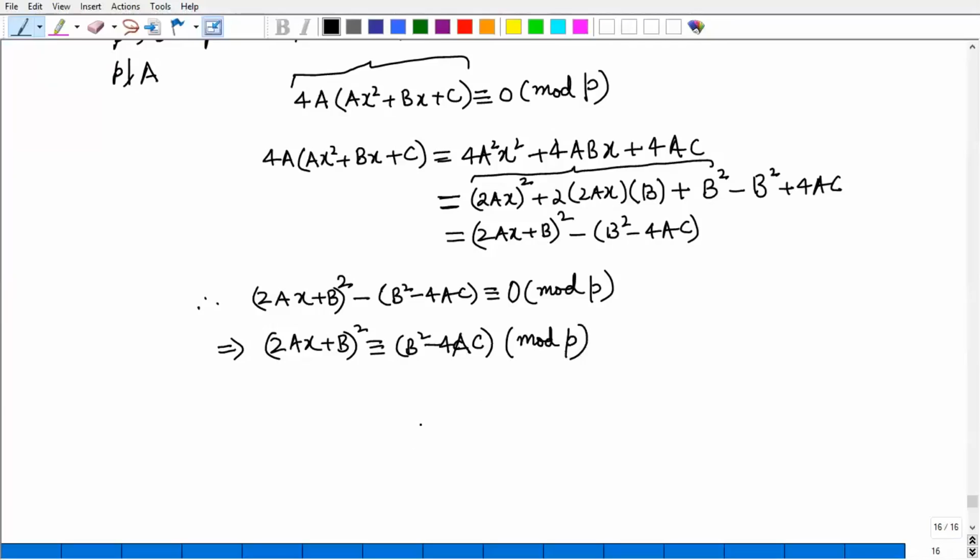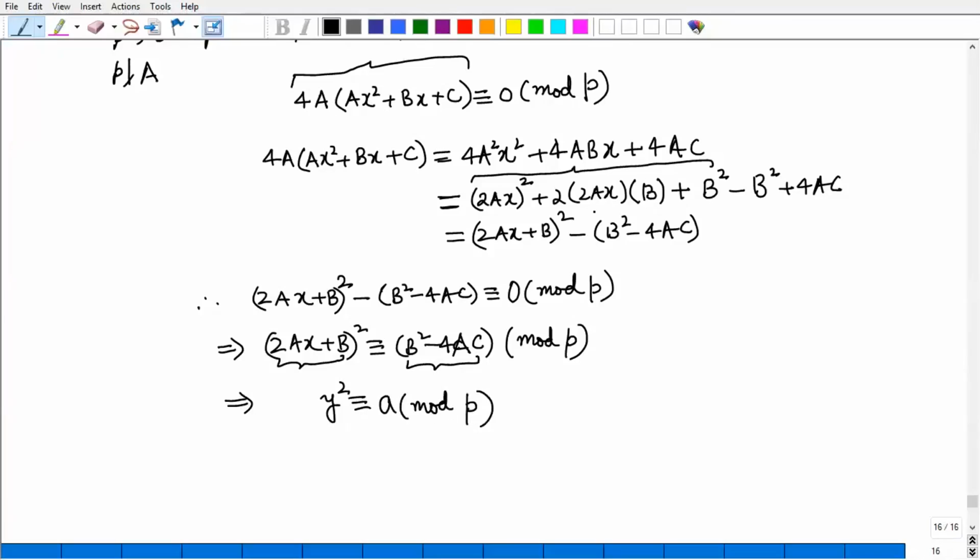Okay, and these values can be replaced by some other variables. For example, if you replace this thing by y, this will become y square, and this discriminant can be replaced by a, whatever, modulo p.